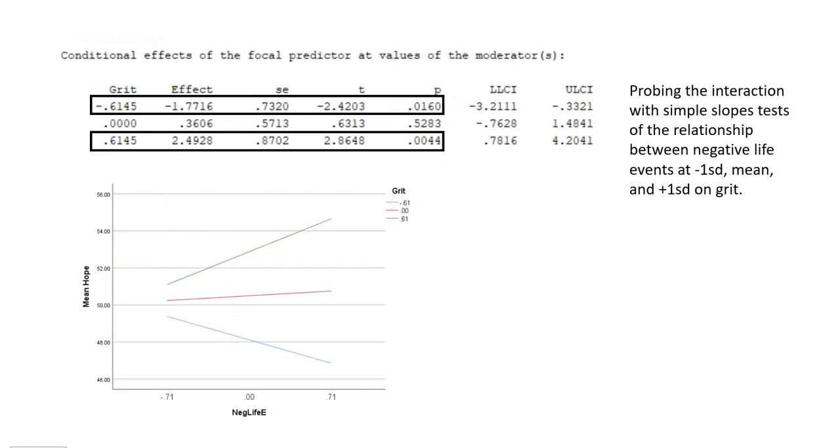Looking at the tests of simple slopes, we see that the effect of negative life events on hope is negative and statistically significant at -1 standard deviation on grit, but the relationship was actually positive and statistically significant at +1 standard deviation on grit. And so you can also see our profile plot with the simple slopes plotted out.